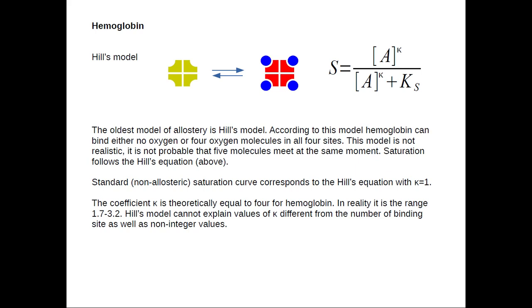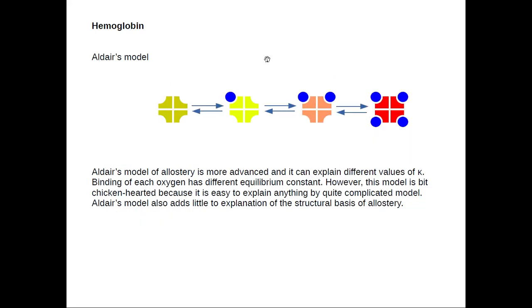But it somehow helped to explain the situation, and Hill's coefficient is used as a parameter to express the degree of allostery.